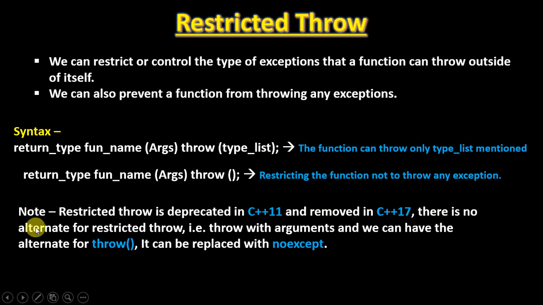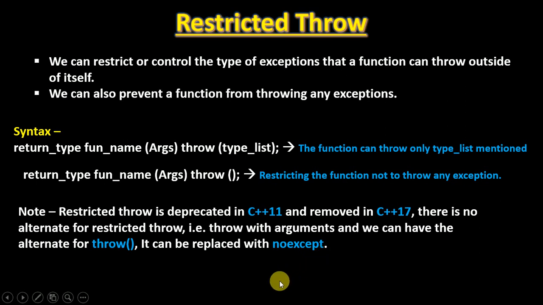There is no alternate for throw with an argument list. But for throw without arguments, we have a replacement in C++17, that is noexcept.